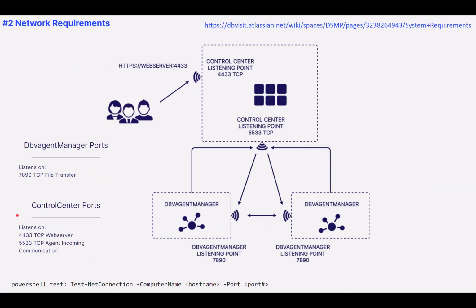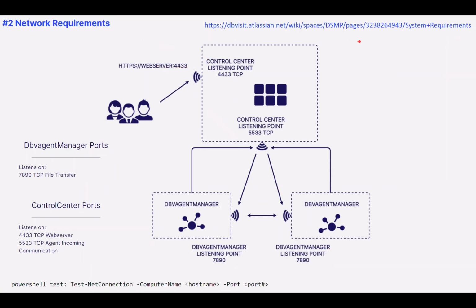So after the operating system environments and SQL Server version requirements, we come to, I would say, the most important, which is the network requirements. Here I have a representation of which ports we actually use. You have the arrows, you have the port numbers. Again, it's not really useful to talk about it.